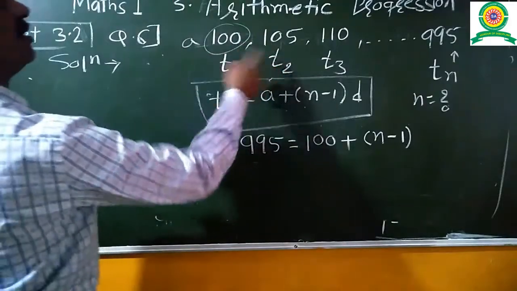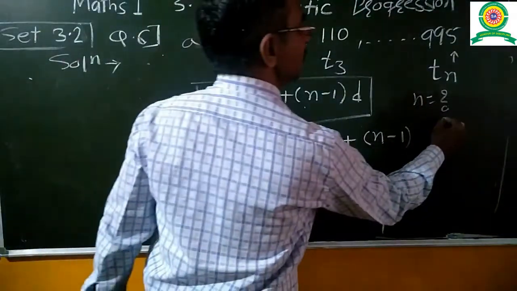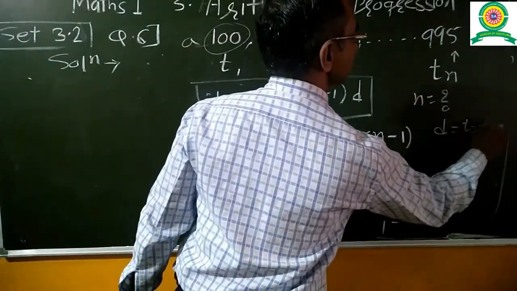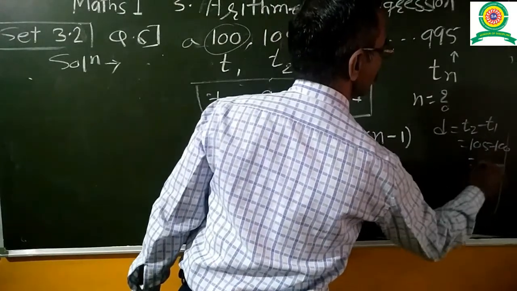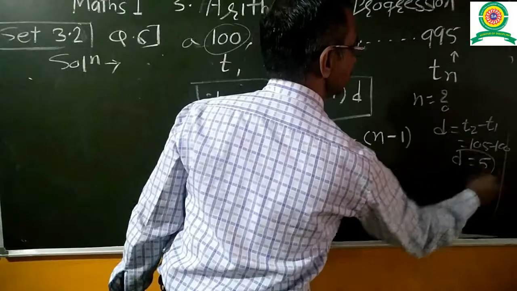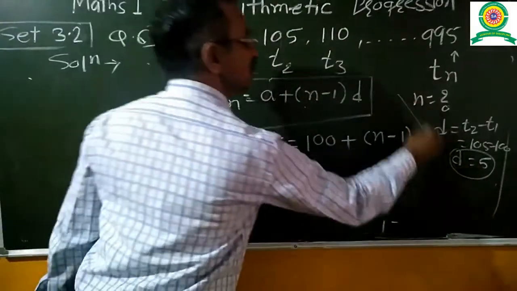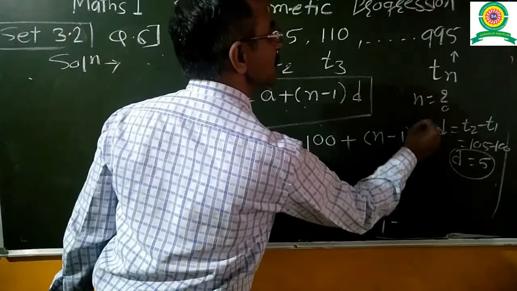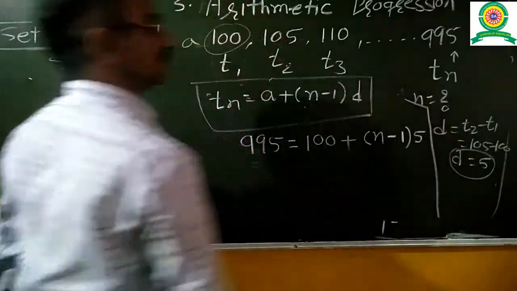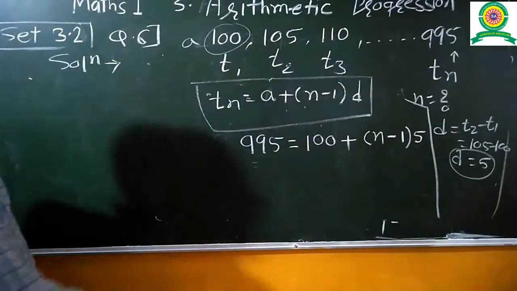D = T2 - T1, which is 105 - 100 = 5. So D = 5. We put this difference in the given equation.